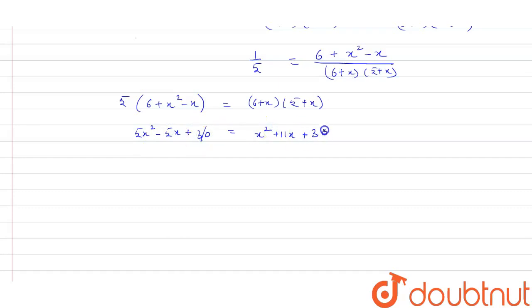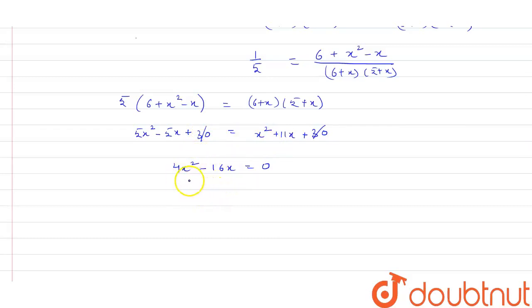This 30 and this 30 will get cancelled. So 5X squared, this will be 4X squared minus 5X minus 11X, so this will be minus 16X equal to 0. I have just rearranged these terms, like terms to be on one side, and I have calculated this.